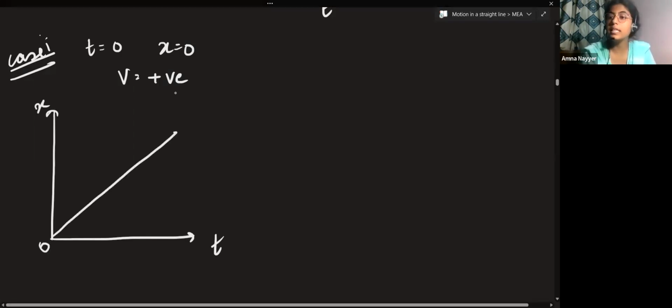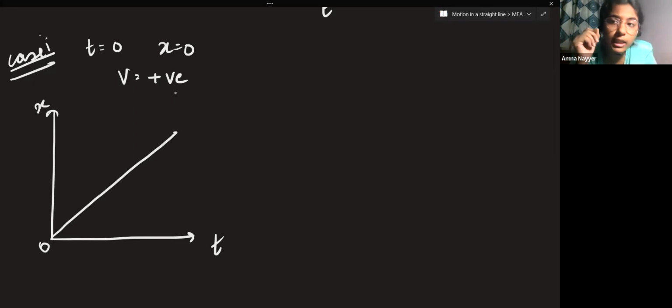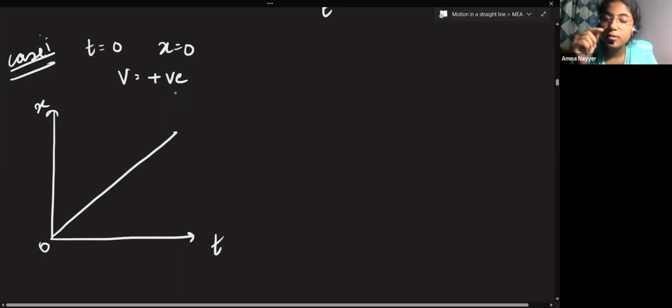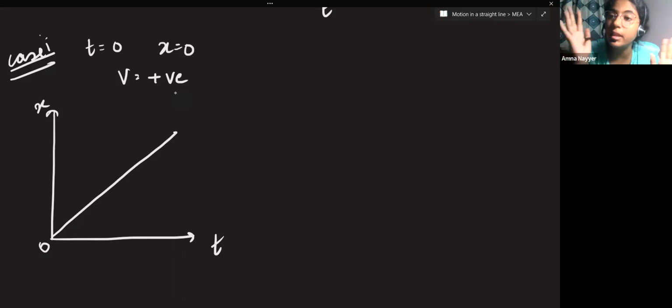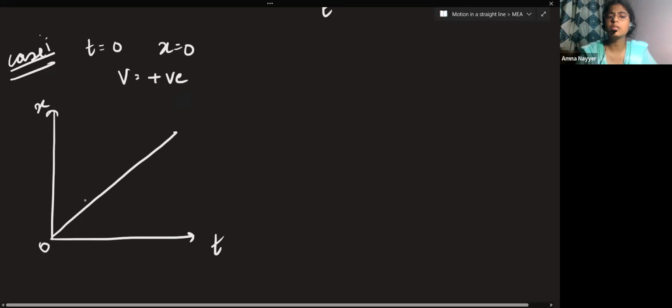And since velocity is positive, it means what? Slope is positive. Don't consider velocity in physical terms. Velocity is the slope. So you have to choose which case? Slope positive. That's why we had done it in the beginning before doing this. So the positive slope is given by this only.